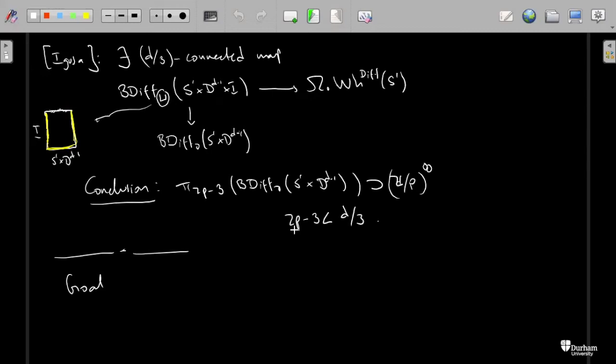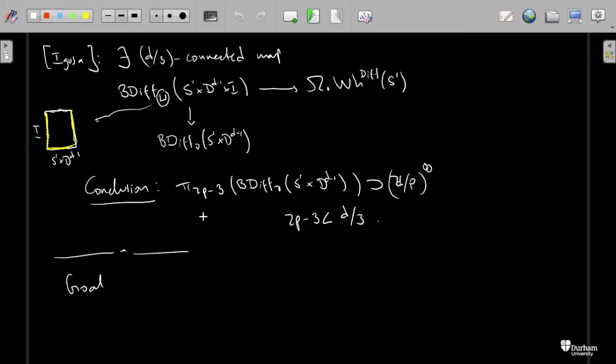Agree. But Igusa's proof is also using parameterized Morse theory, isn't it? That this map is connected, so it's still appearing. Yeah, but that has nothing to do with the solid torus, right? That's not special to the solid torus. All right, I'll let you carry on with your talk. Okay.